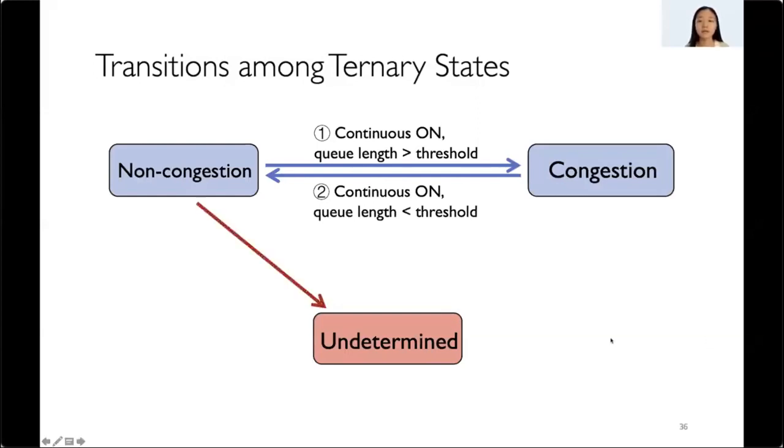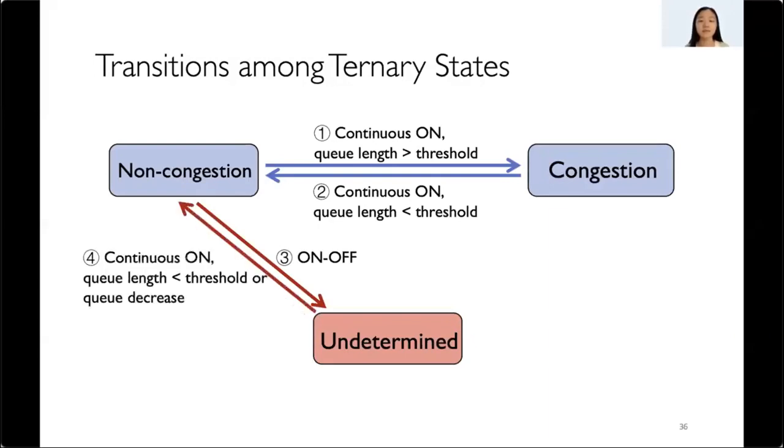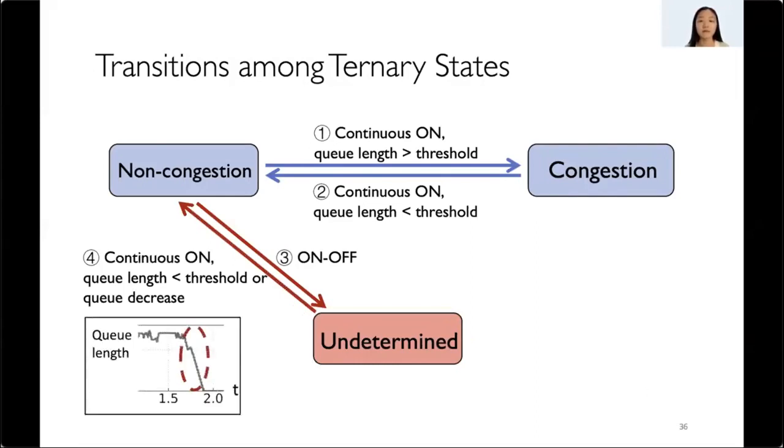For a non-congestion port, as soon as the port enters an off sending pattern, the port transits to the undetermined state. Next, the transition conditions from the undetermined state to the non-congestion state are twofold. First, the sending pattern changes to a continuous on pattern. Second, because it may take some time for the port to drain out the accumulated packets caused by off, if the queue length decreases after releasing from the undetermined state, or the queue length has already been below the threshold, the port transits to a non-congestion state.